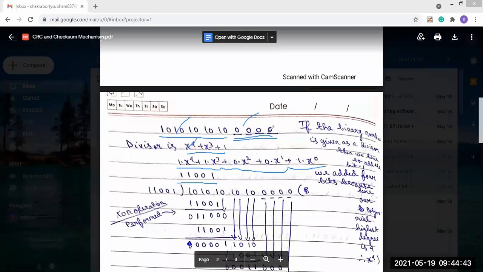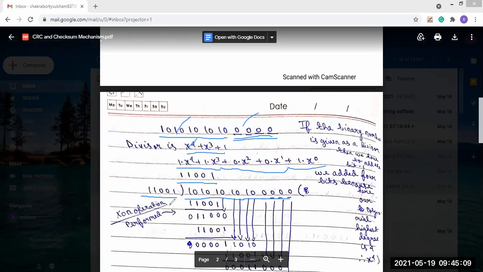So now the message looks like 1010101010 and these 4 redundant bits initialized with 0. Now this is the divisor which we got by converting the polynomial into binary form.